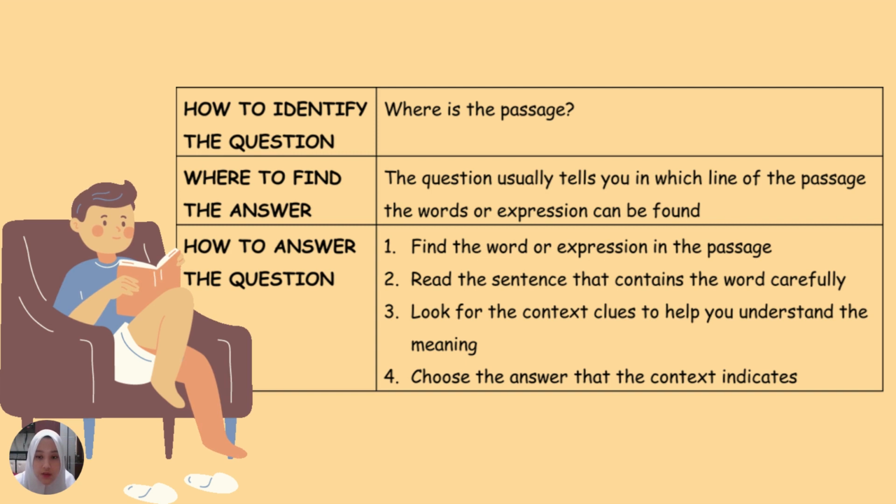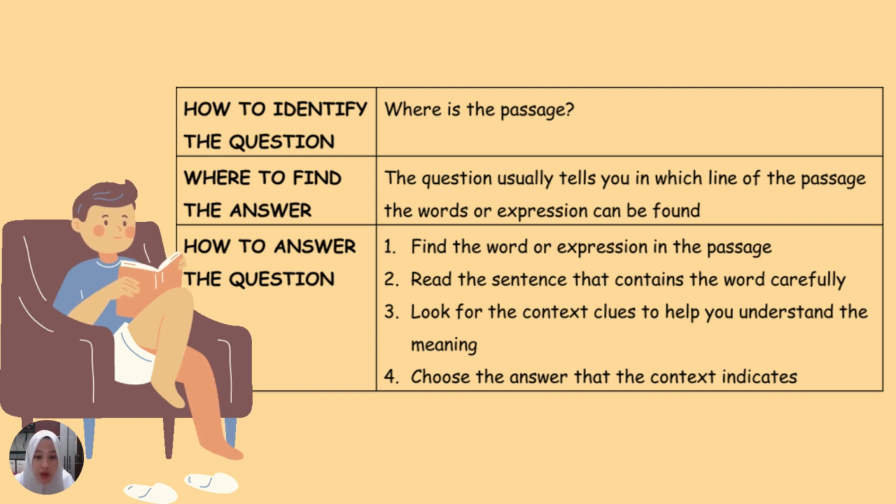So in this section, we discuss questions that search for a specific word on what line in the text. To find the answer, we need to look for the word we are looking for, then read carefully the part of the sentence and look for the clue.